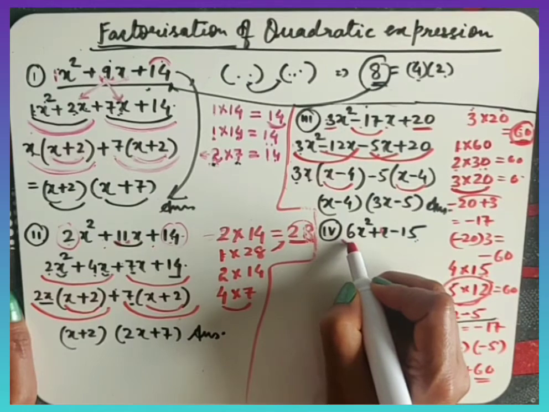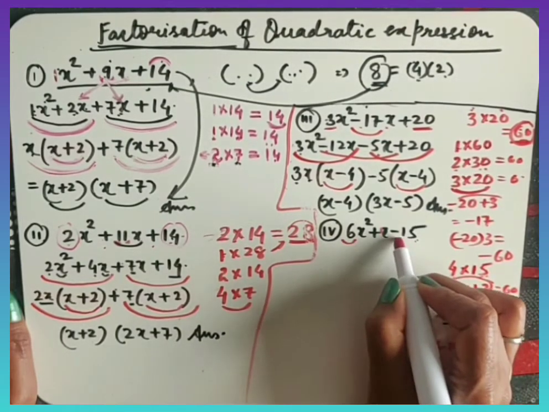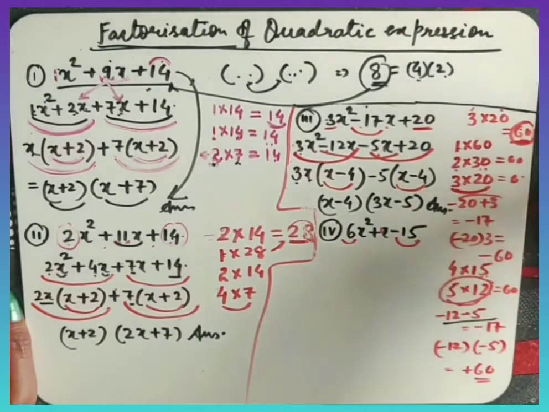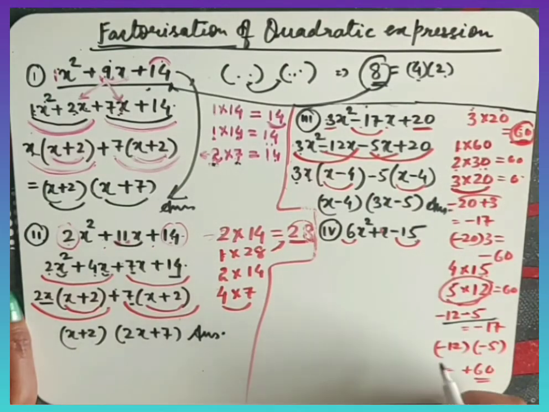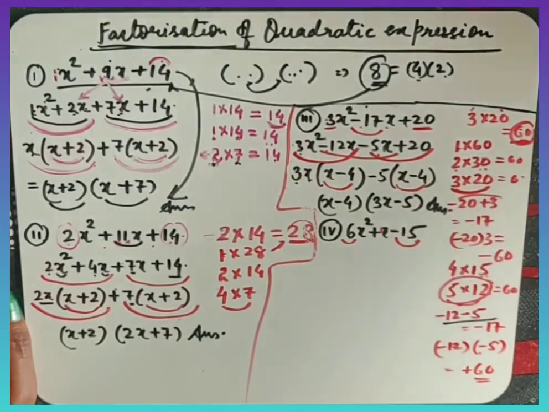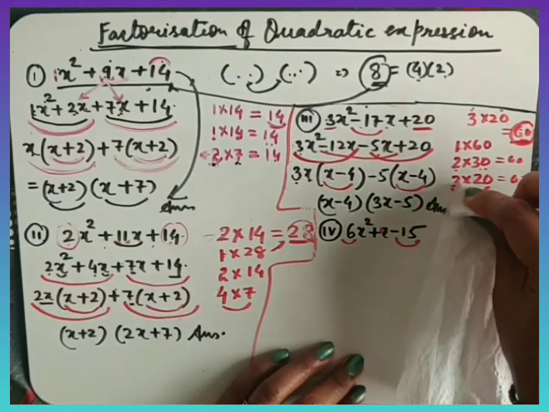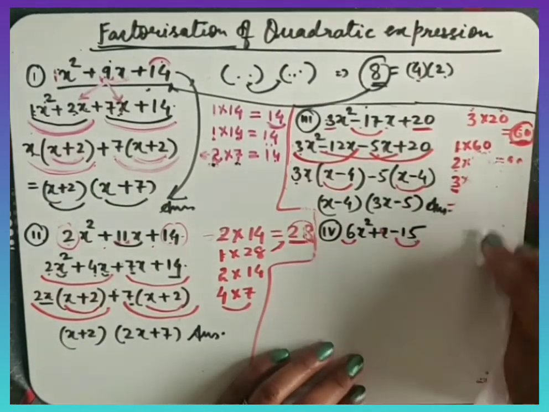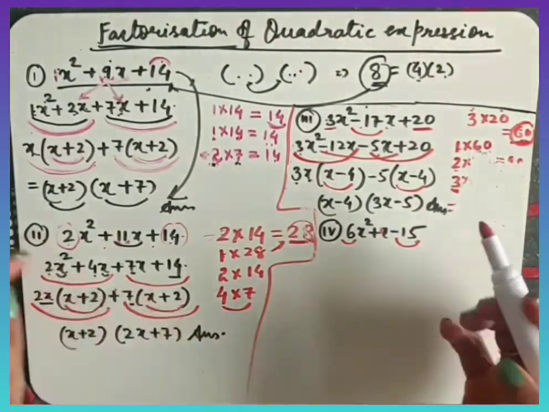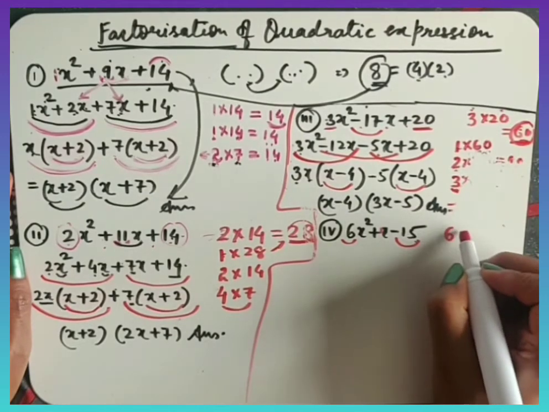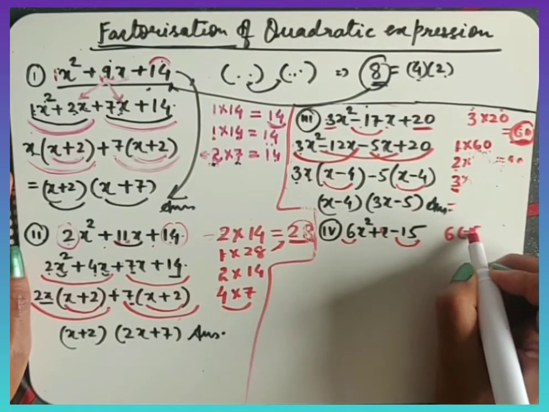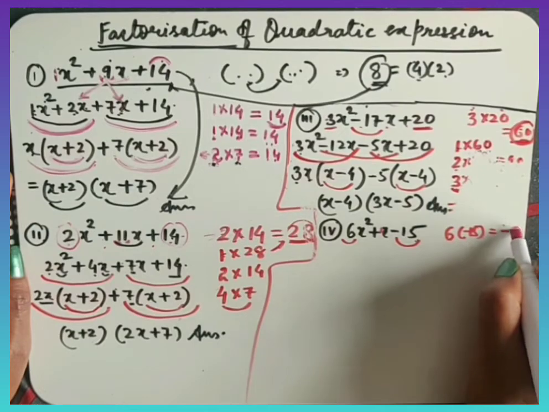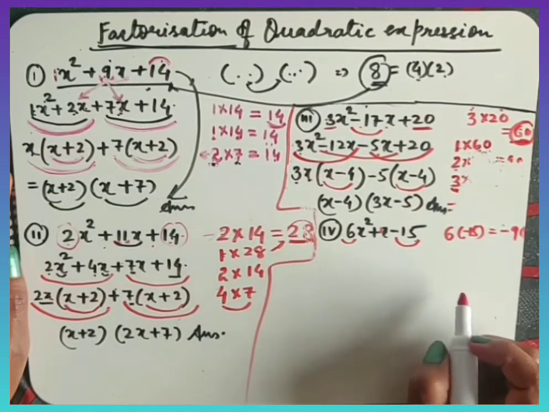Now take first 6 and minus 15. 6 multiplied by minus 15 will give you minus 90.